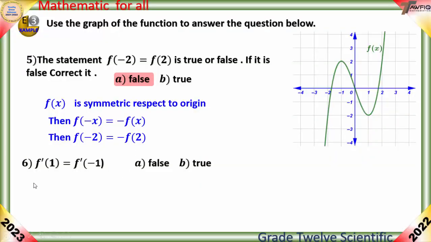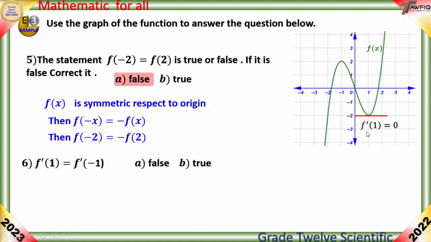Question number 6. f prime of 1 is equal to f prime of minus 1. This is x equal to minus 1. If we draw the tangent line at x equal to minus 1, because the tangent line is parallel with the x-axis, that means the slope is 0.